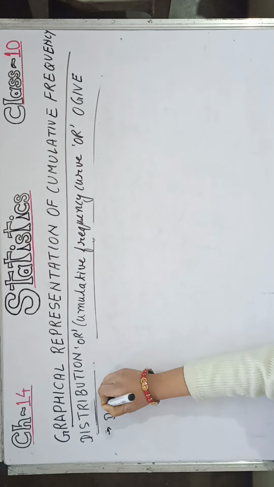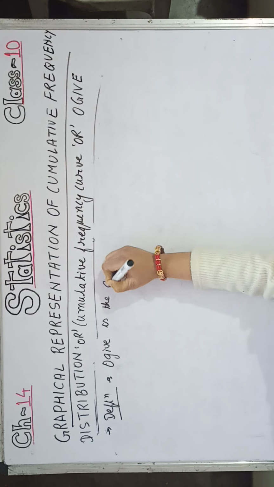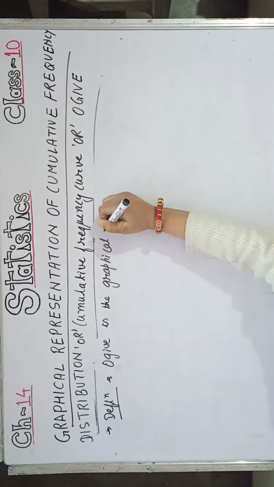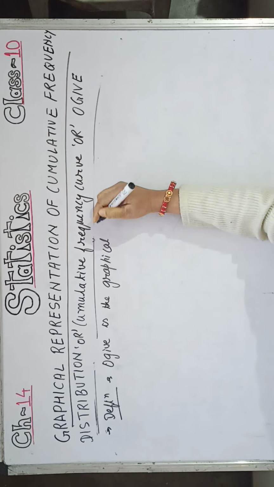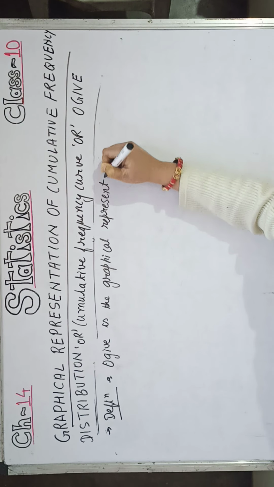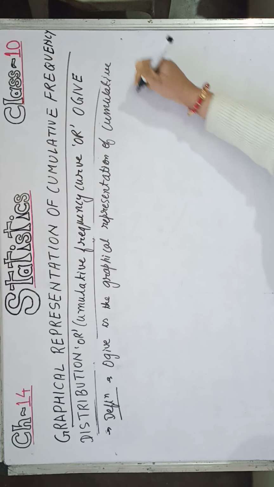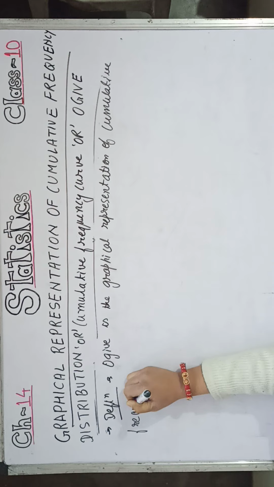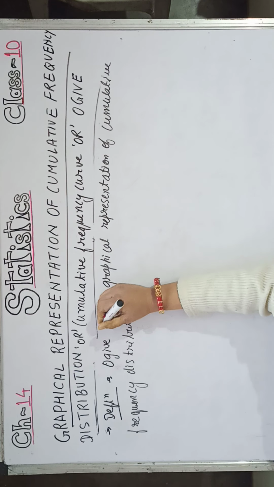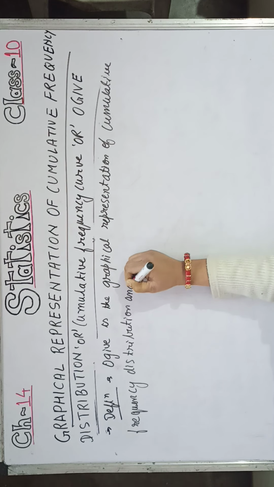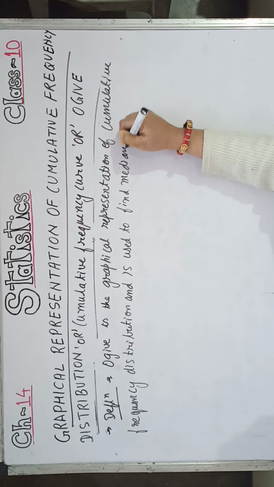In the definition part we can write: ogive is the graphical representation of cumulative frequency distribution and is used to find the median graphically.